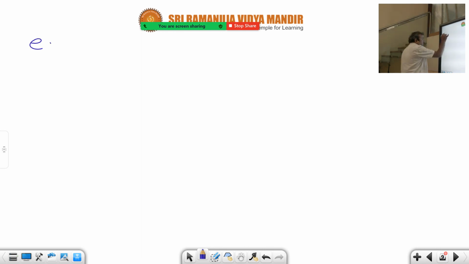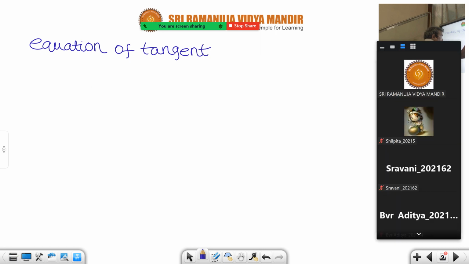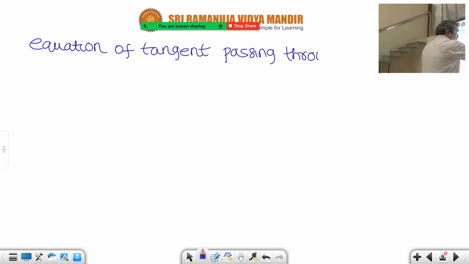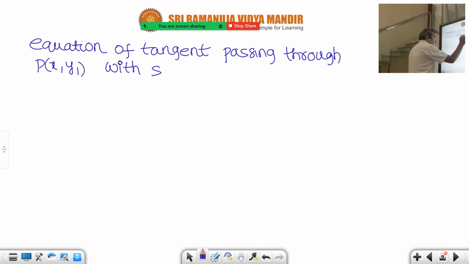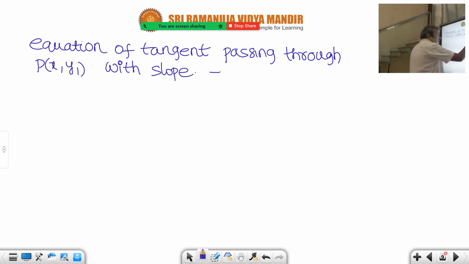Now equation of tangent passing through P x1 y1 with slope minus my1 by nx1.